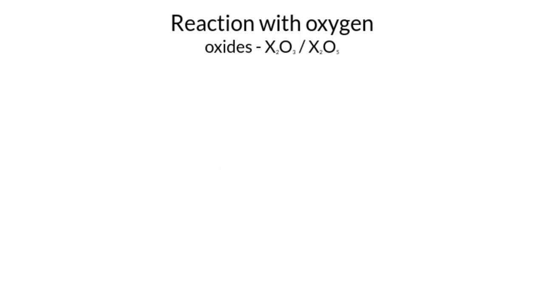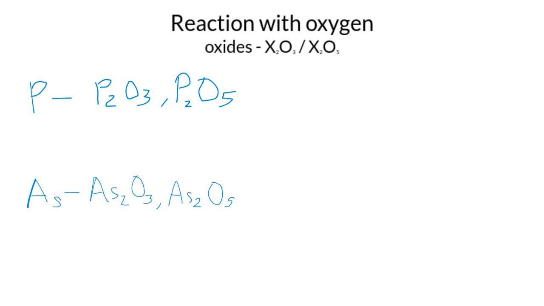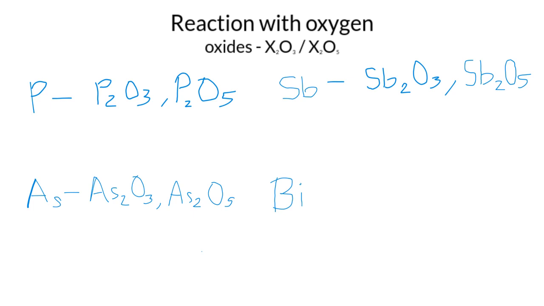So the common oxidation states you have seen are +3 and +5, but nitrogen can form many oxides. Then phosphorus can form P2O3 and P2O5 only. Then arsenic, it can form As2O3 and As2O5. Now about bismuth and antimony, they can form Sb2O3 and Sb2O5, but it is not stable.